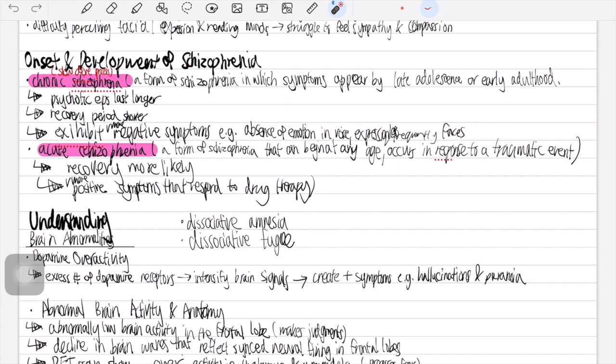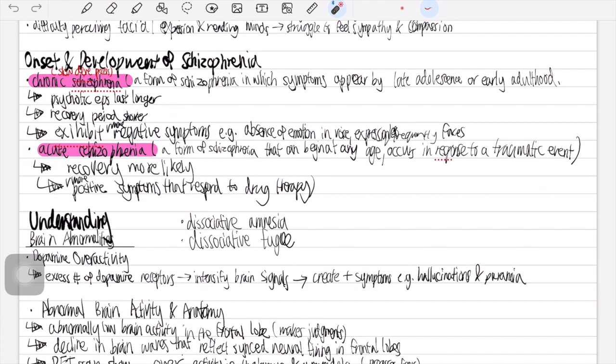And usually chronic schizophrenia is when the psychotic episodes last much longer and the recovery period is much shorter. And they also exhibit more negative symptoms such as emotionless expression, lack of empathy, etc.